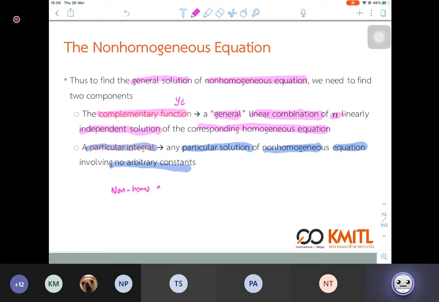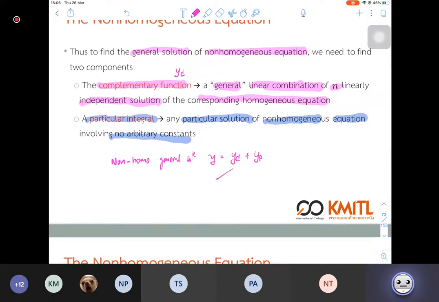You have non-homogeneous, general solution. So it's going to be y equal to yc plus yp. This yc is called the complementary function, and this yp is called the particular integral.